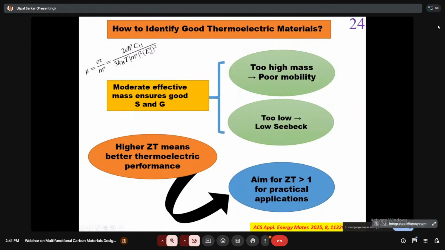Too high an effective mass means poor mobility, and if the Seebeck coefficient is very low, then the performance will be low. So higher ZT means better thermoelectric performance, and I have to get a ZT value greater than 1 for practical applications.